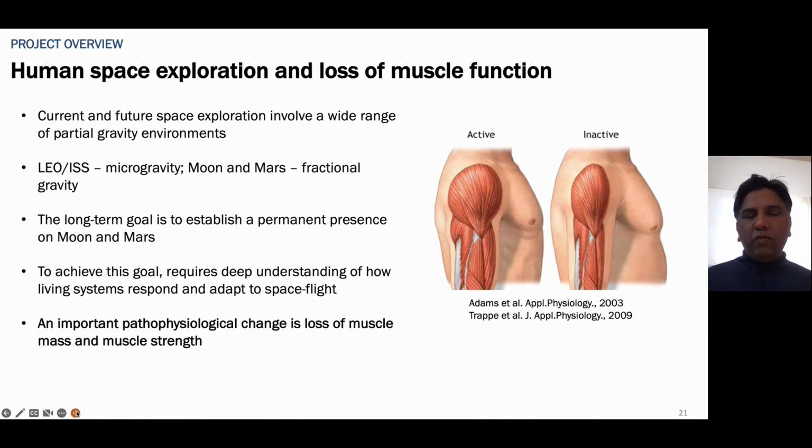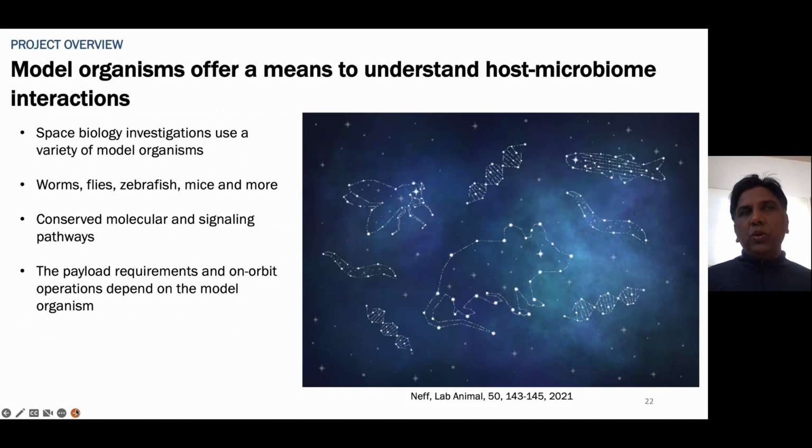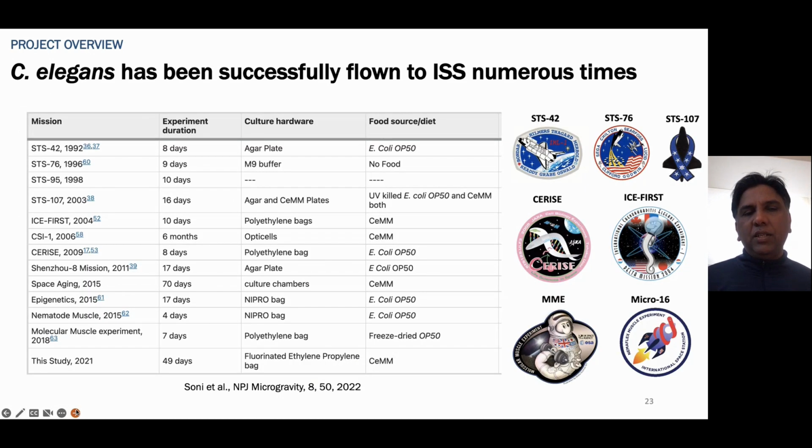So we developed a microfluidics based approach to look at this. And as I mentioned, in terms of biology, there's options to choose different animal models, and all of them have been used in different studies in space biology. In fact, C. elegans is probably the organism which has been flown the most number of times to the space station, as you see from this table.